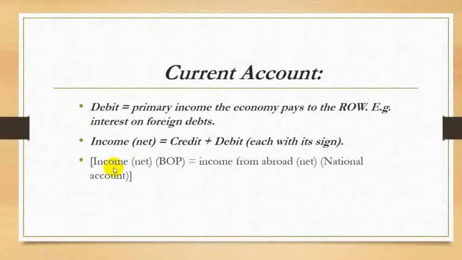The debit side is the payment that a country is going to pay to the rest of the world. So income net will be calculated as credit plus debit, each with its own sign. Income net in the balance of payments is equivalent to income from abroad in national accounts.